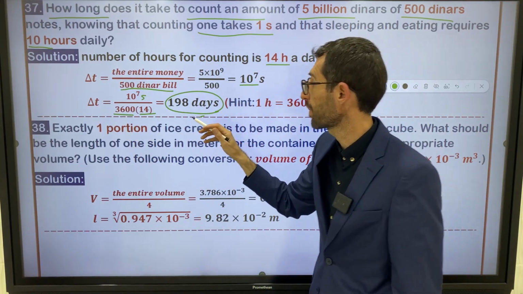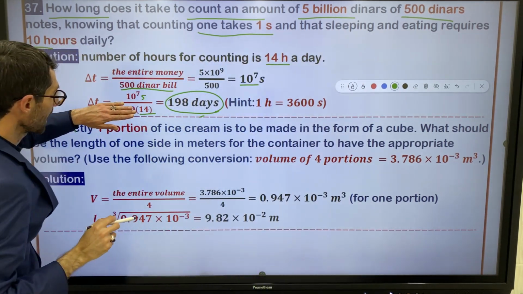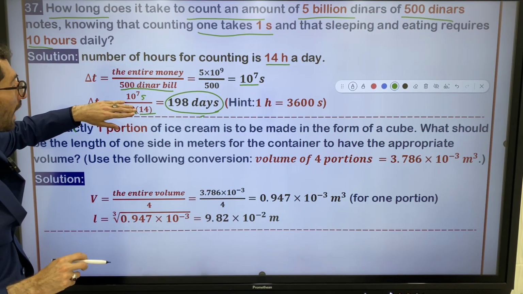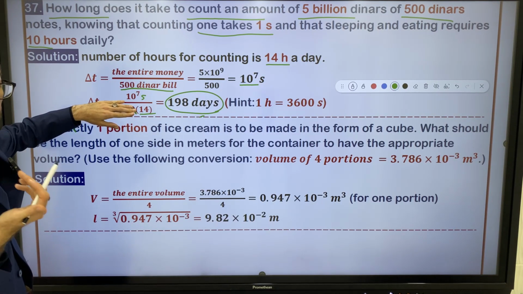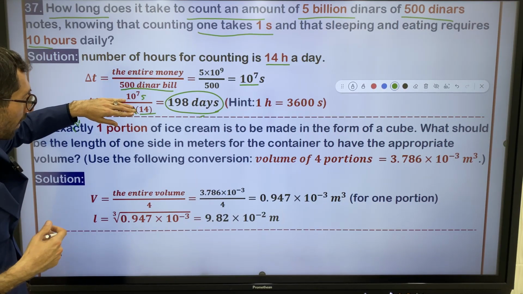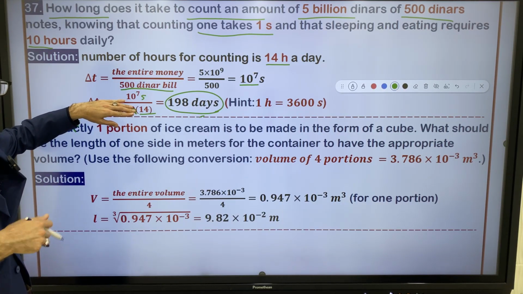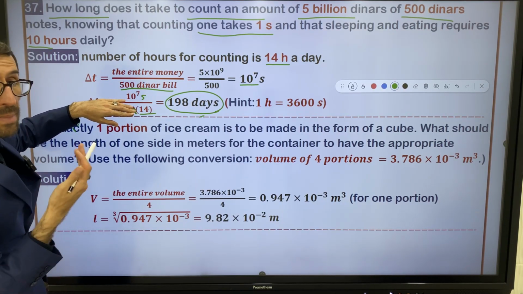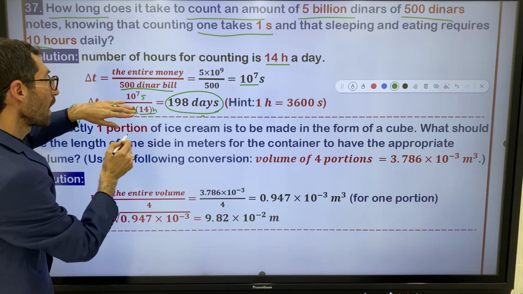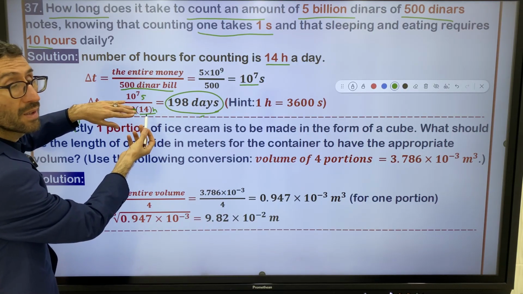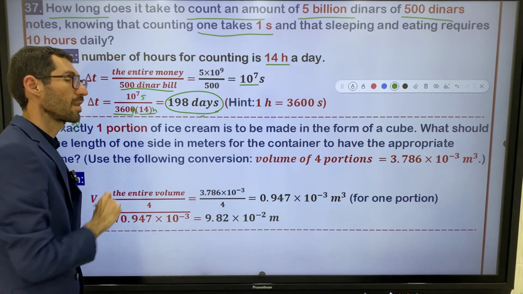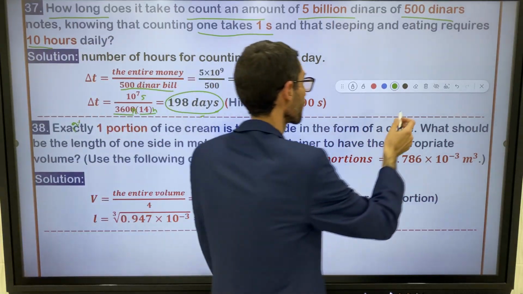It can't be 10 to the power 14 hours, it doesn't work, because you are not allowed to divide two different dimensions by one another. Second divided by hour, it can't be. You have to convert hour here to the second. That's why the answer is taken in days, right?